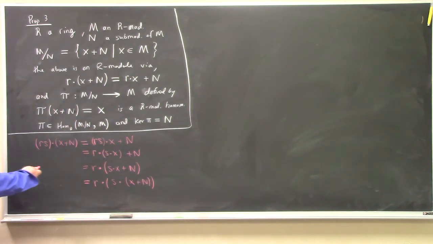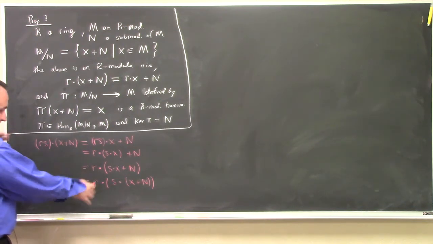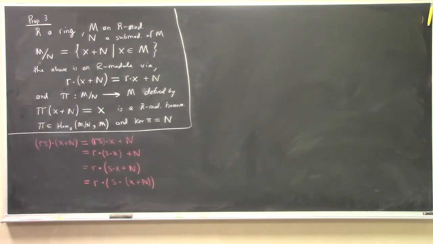So there you have it. This satisfies axiom 2b. And similar proofs can be given for the other parts of the module action. Basically, this definition plays nice with the properties of the R module M. And to show that that's an R module homomorphism is not difficult either.